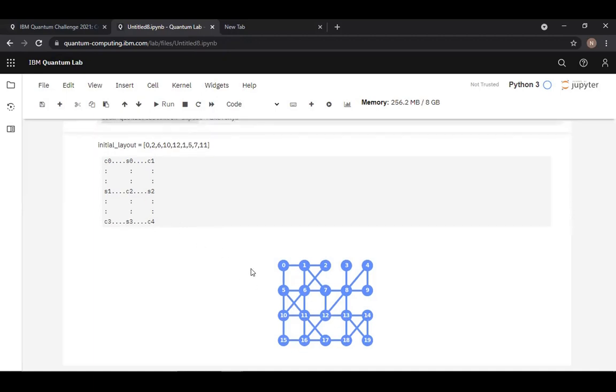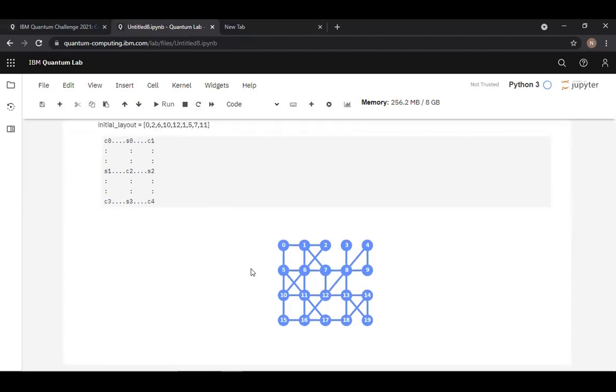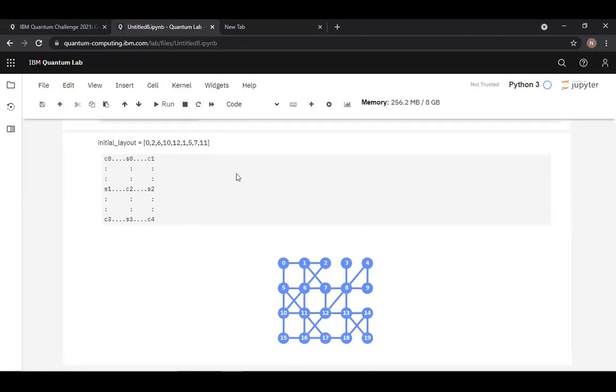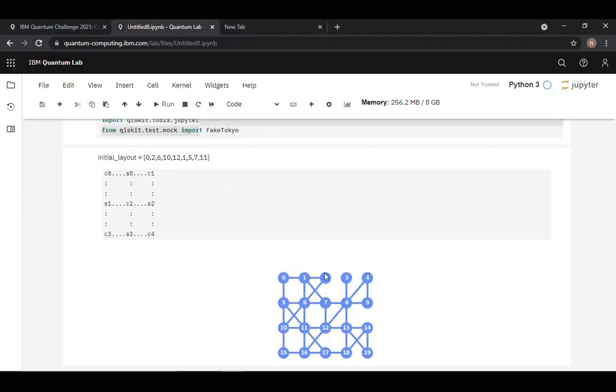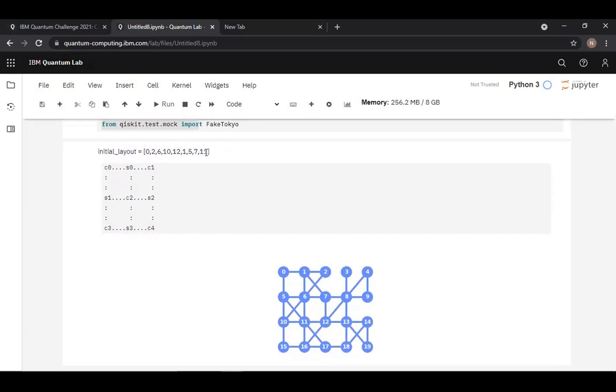Now we see that there is a missing connection between 2 and 7. That means if we want to use the same initial layout which they have given and not take up another initial layout, and use fake Tokyo as the backend, there is a missing link between 2 and 7, that means S2 and C1.